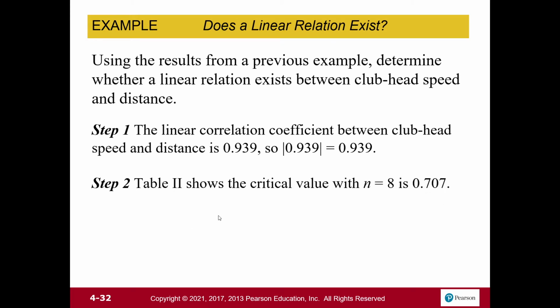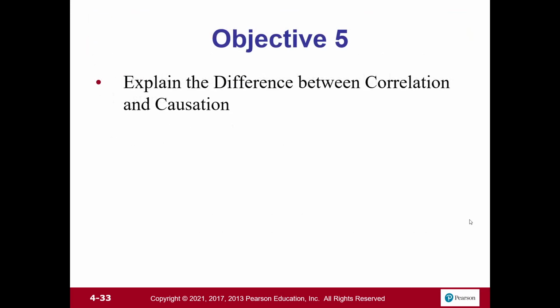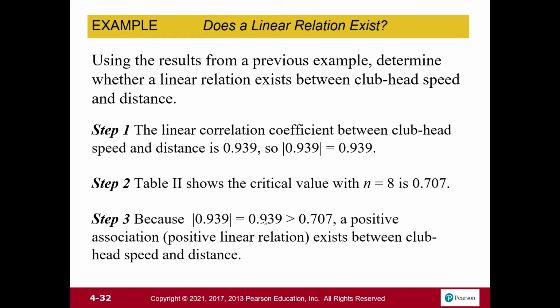If your data set has 8 values, then your R has to be greater than 0.707 in order for there to be a relationship between the two variables. We exceed that by a lot. A significant amount, I would think. So there is clearly a positive linear relationship.